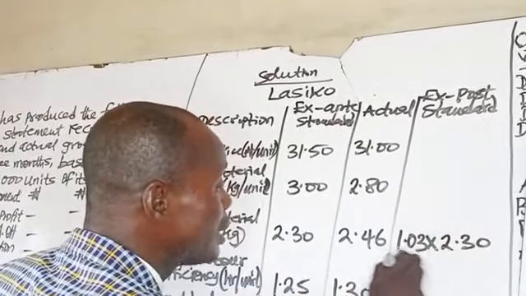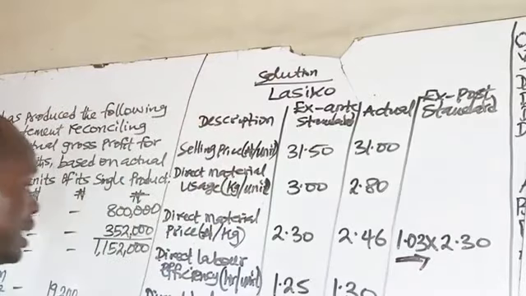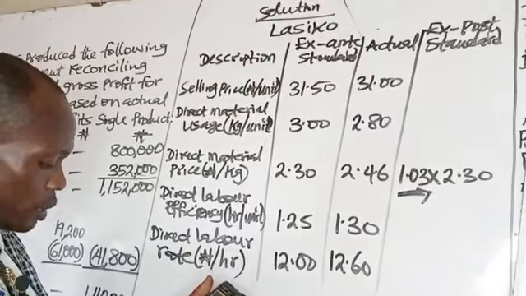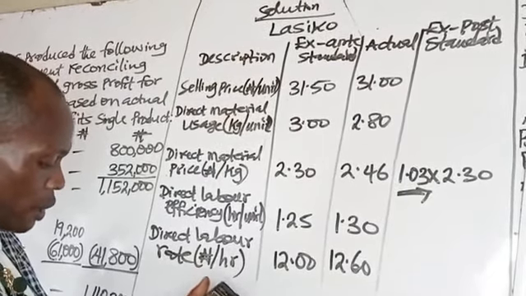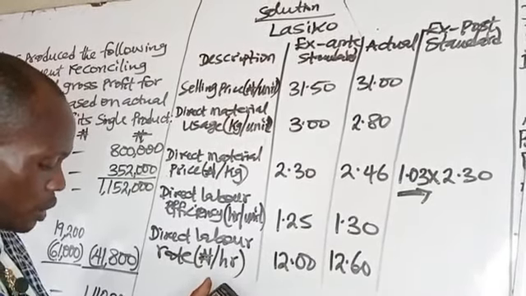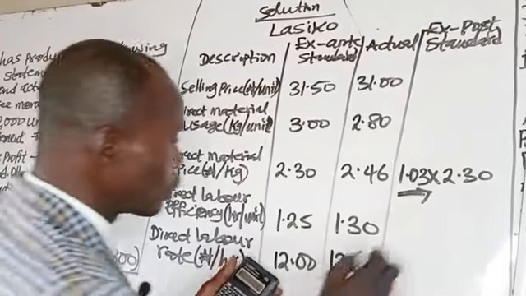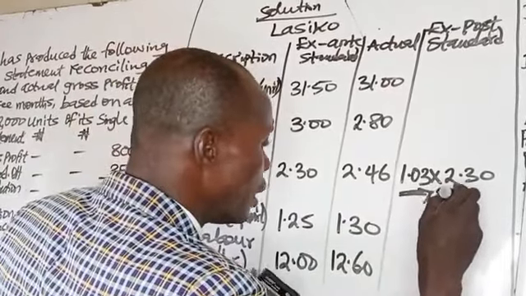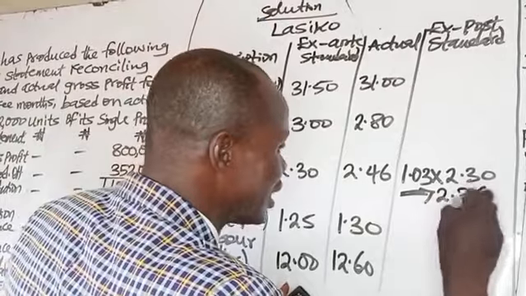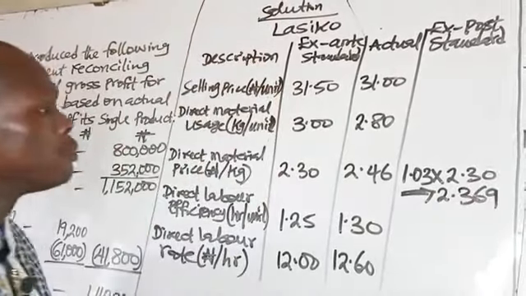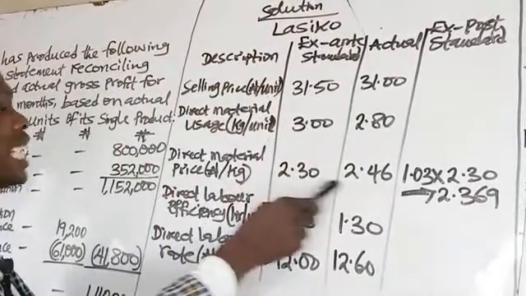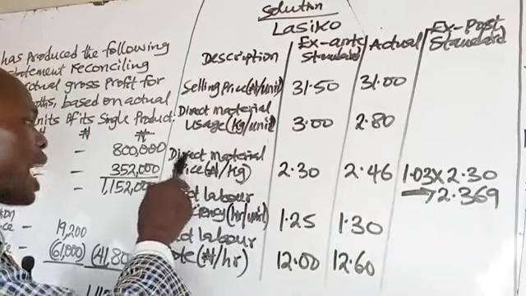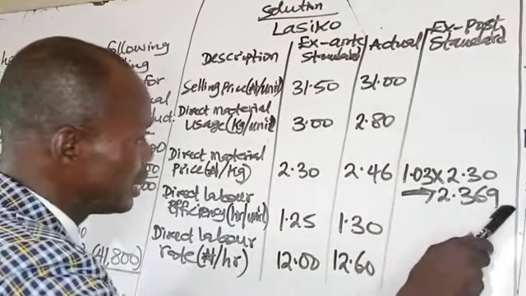So our latter standard price is 1.03 times 2.30, which gives 2.369. Therefore, the ex post standard price of direct materials is 2.369.